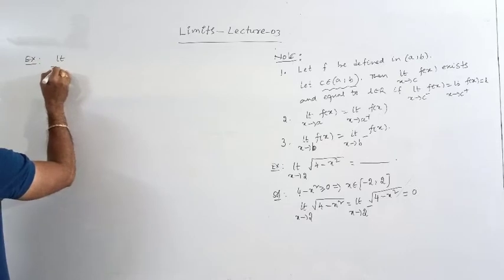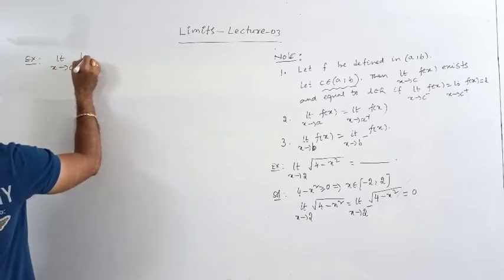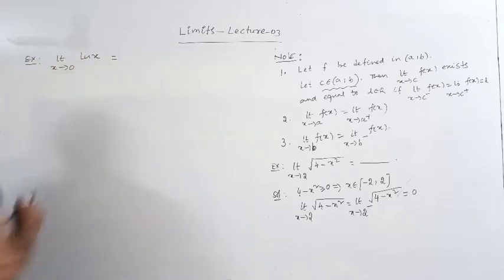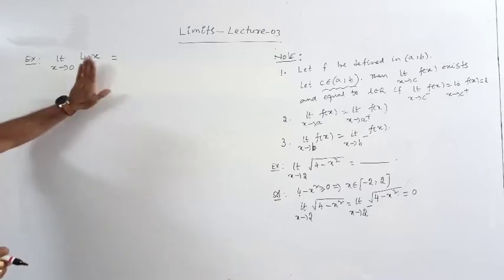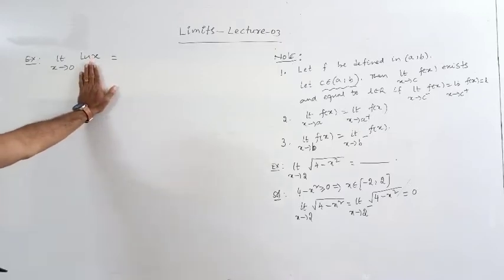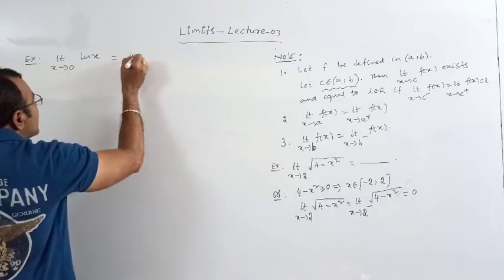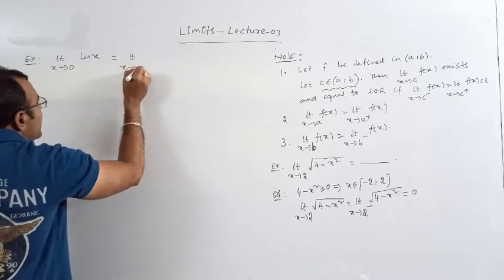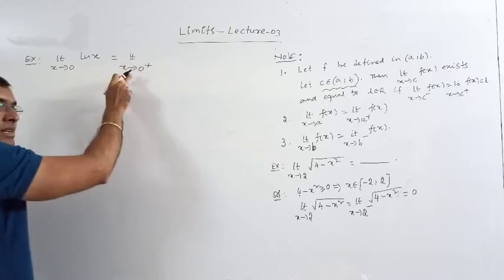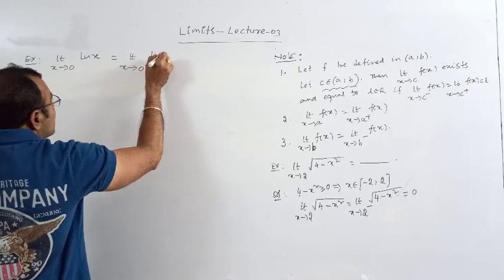Limit x tends to 0, ln x. Anyway, ln x is not defined for x negative, isn't it? So the physical meaning of this statement is, it is forced to evaluate x tends to 0 plus only.